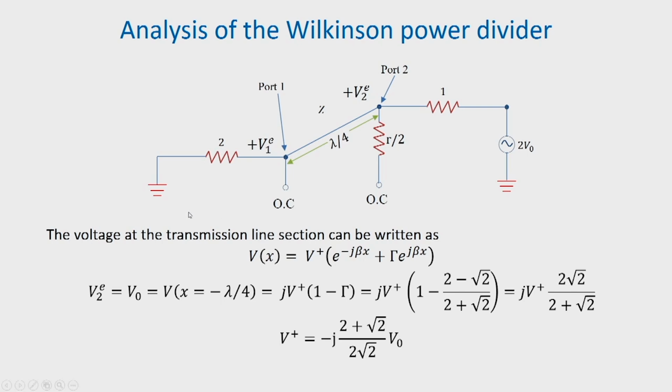So, once we have found out V plus, now we can find out V1^E to be equal to V at x equal to 0.